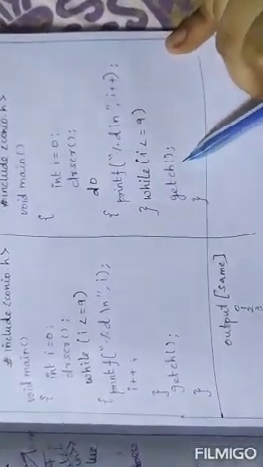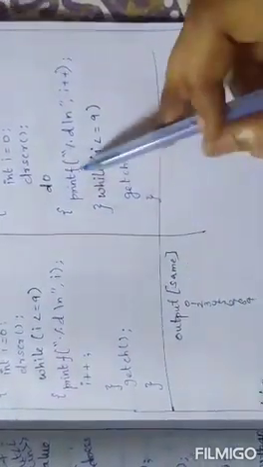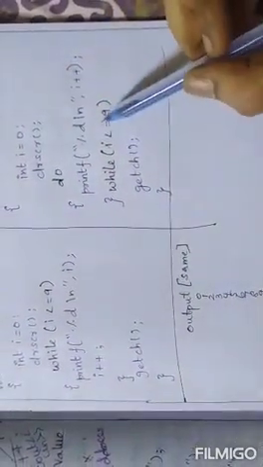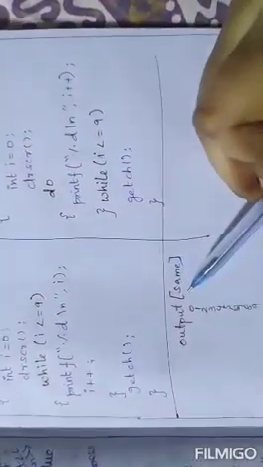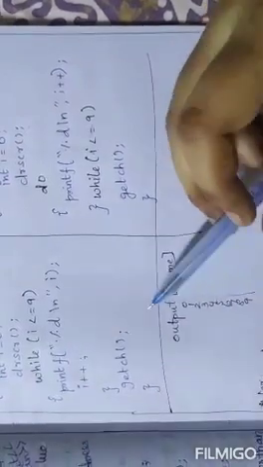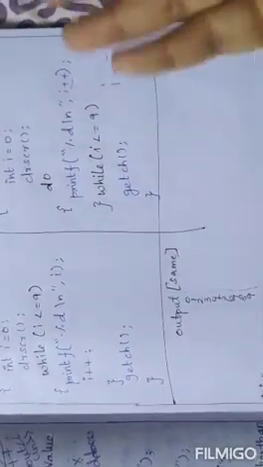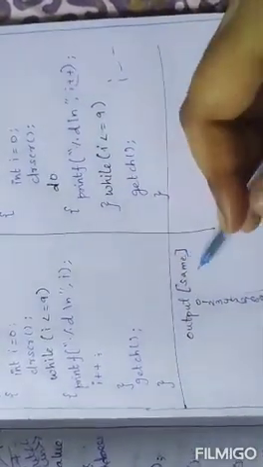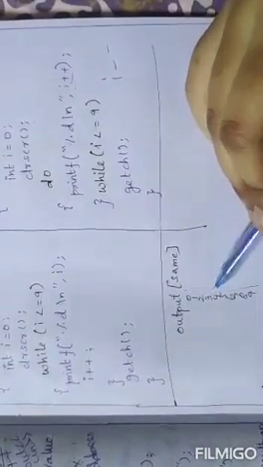But the output is the same for both: from 0 to 9, all the numbers will be produced, as I have given the increment sign. If I used minus it would be different.